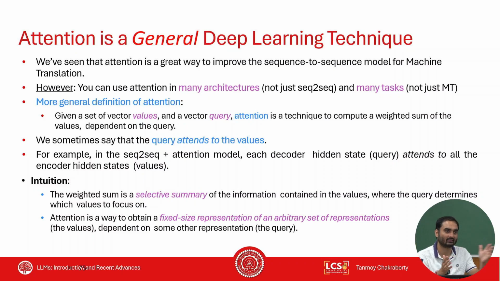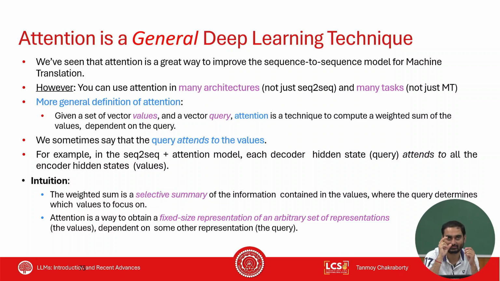In our case, the value vectors are encoder hidden states. It's a summary, right? Irrespective of the size of the encoder layers. Let's say there's a sequence where there are 100 encoder layers. There is another sequence where there are 10 encoder layers. Irrespective of the size of the encoder layers, you can always generate one vector, the attention vector, right?